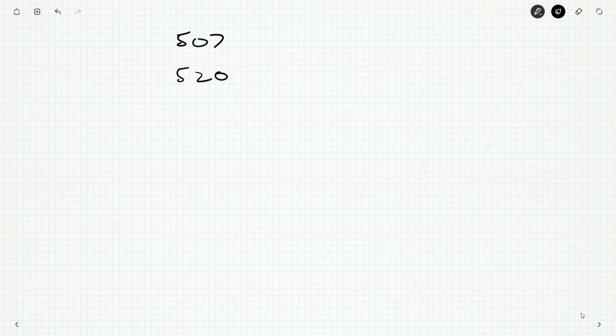Well, 504 is a multiple of 14. And if I add 14 on again, I'll get 518. Again, a possibility. How about multiples of 15? Well, we saw 510 is a multiple of 15. Just 510 for the 15s.